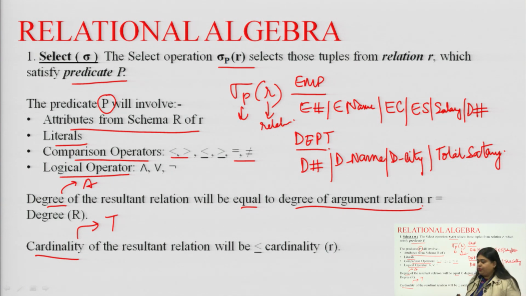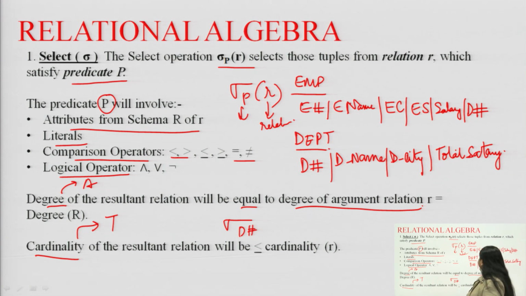So, how are we going to write it? The select operation followed by the condition, because it is talking about department number 3.